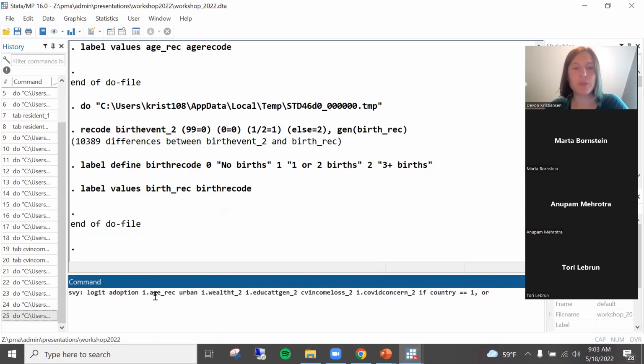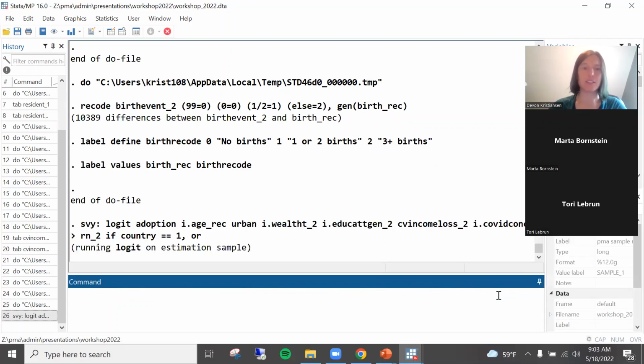So we've got our age recode, her urban status, her wealth tertile, her education level, whether her family lost income due to COVID, and how concerned she was about contracting COVID. And then we're going to get the odds ratios, so it's a little easier to interpret.